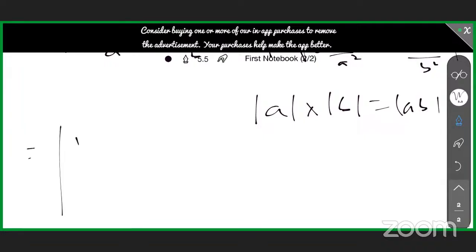That is equal to root of A square minus B square cos alpha by A plus 1 minus 1.